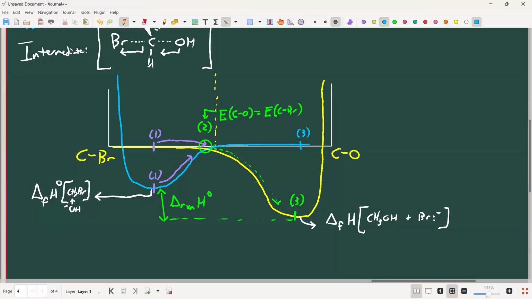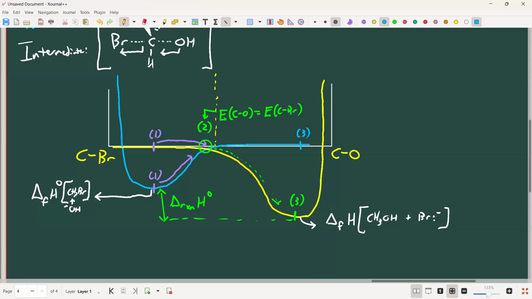Now we have to think about the total energy of the system. The energy for the CBr bond is 0, so we don't have to think about it. At the beginning, the total energy of the system is just the energy at 1. Then as we start to break the bond, the energy rises and continues to rise until it hits the maximum.